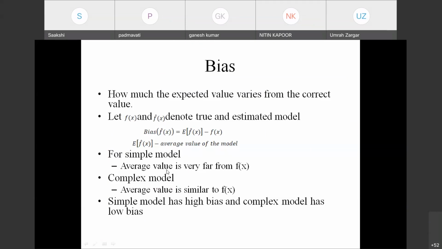Because for the simple model the average value is very far from f of x, whereas here the average value is very close to f of x. It may not be exactly f of x, but it is very close, right? Hence, we say simple models have high bias, whereas complex models have low bias.